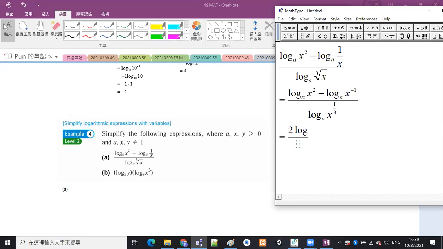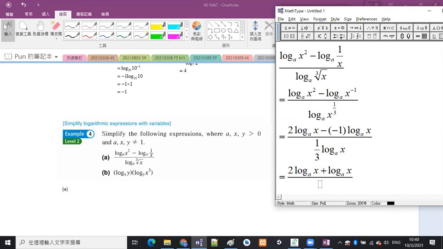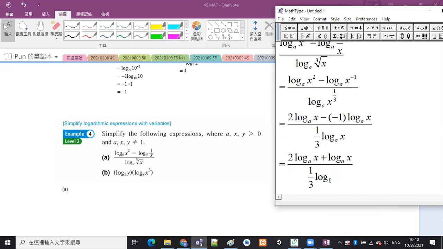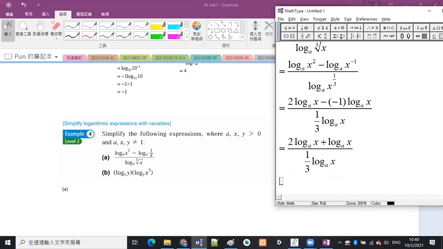It becomes 2 log x base a minus -1 log x base a divided by 1/3 log x base a. Okay, and then we have 2 log x base a plus 1 log x base a divided by 1/3 log x base a. Can you see that the two terms in the upper part are actually like terms?